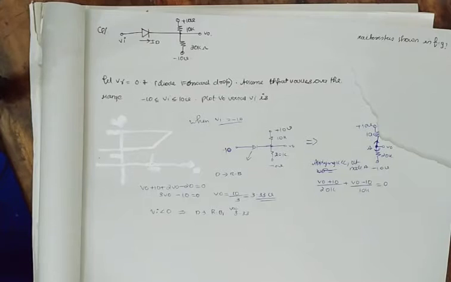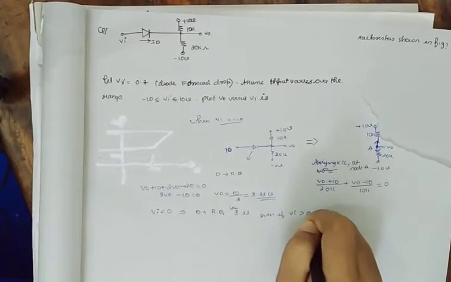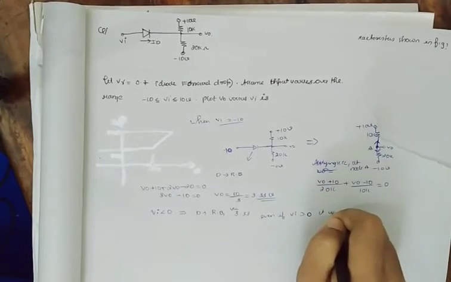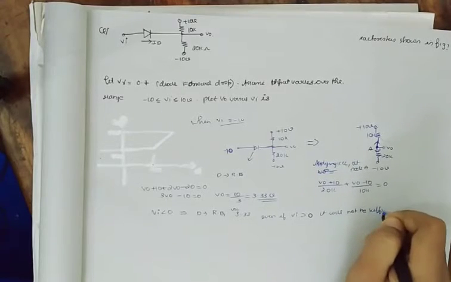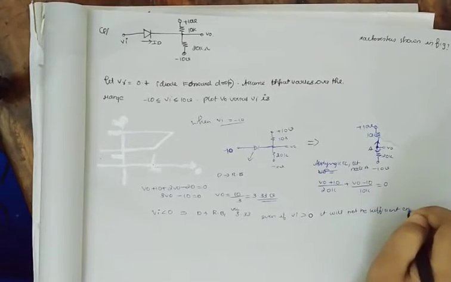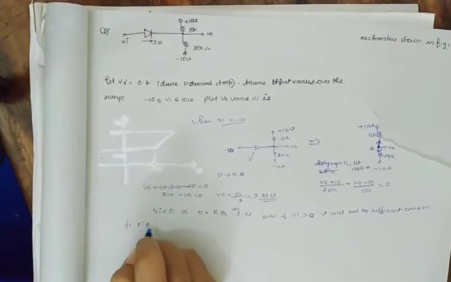Now this V0 has a potential of 3.33, and even if Vi becomes greater than 0, it will not be sufficient to forward bias the diode.